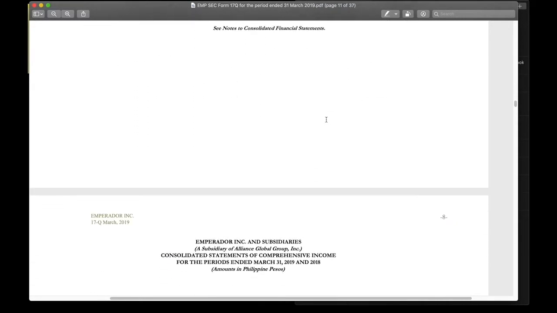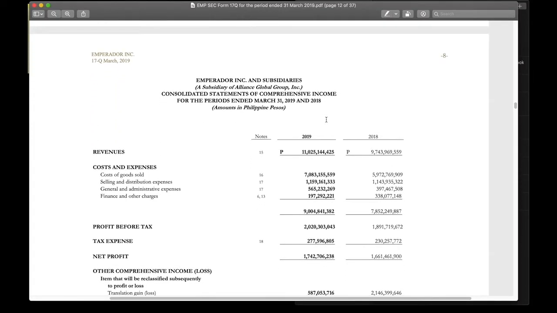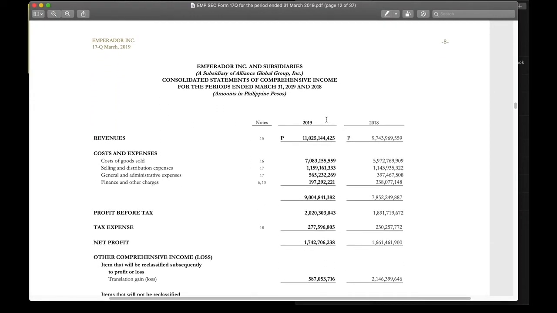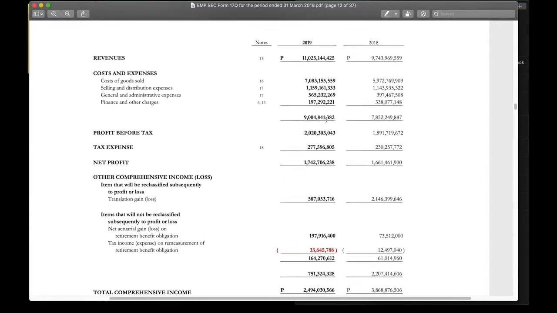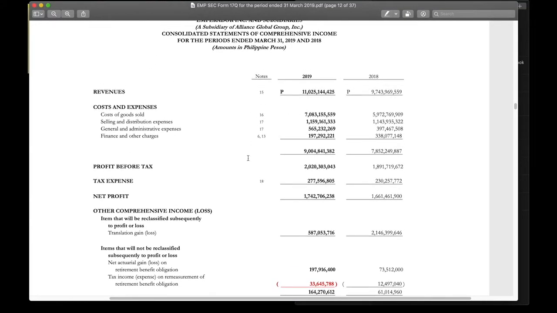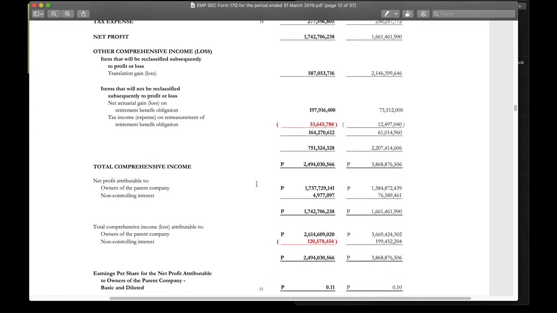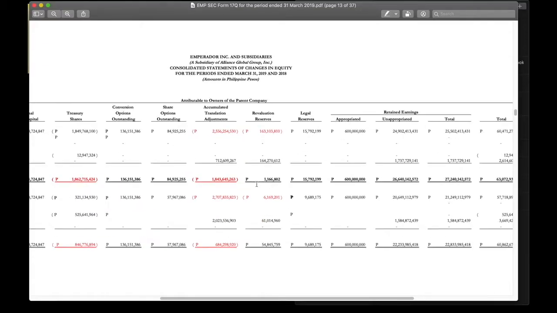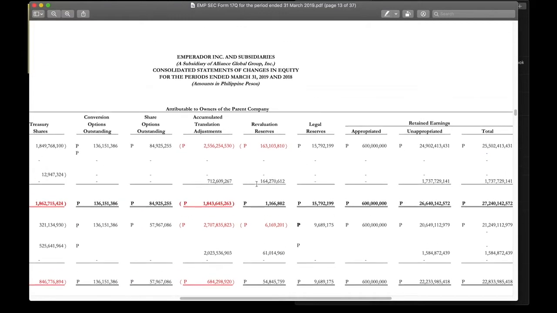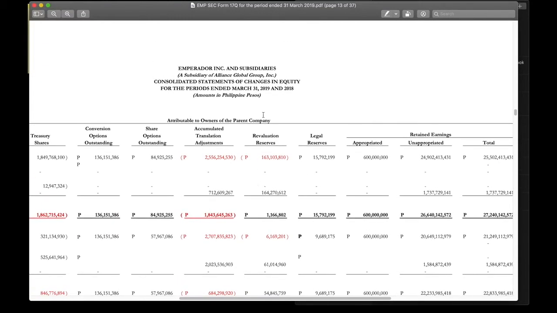Ito yun, balance sheet. We also have here the consolidated statements of comprehensive income, or what we call the income statement. Ito po yan. They have the notes. So, may corresponding notes din yan. Comprehensive income. And lastly, we have also the consolidated statements of changes in equity.